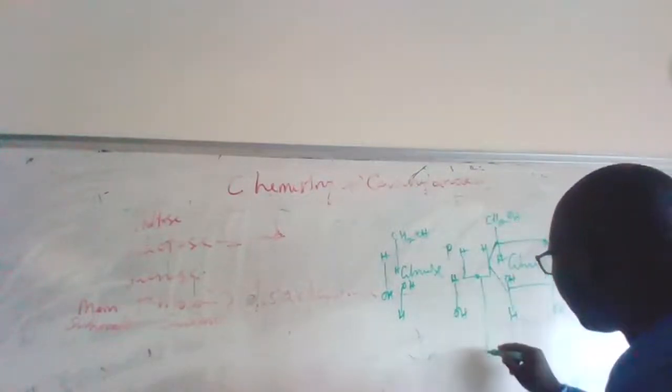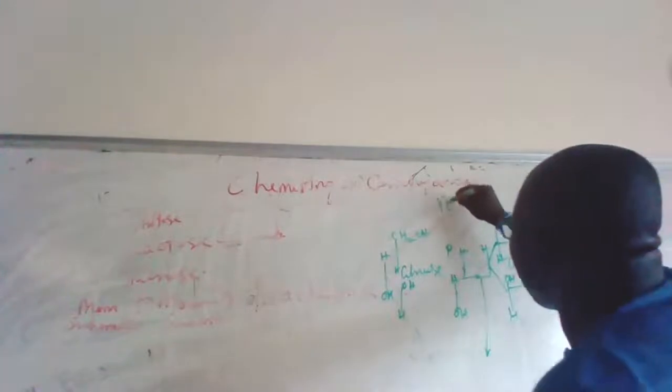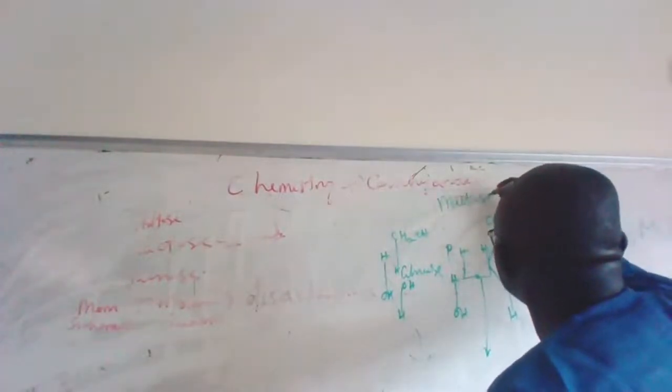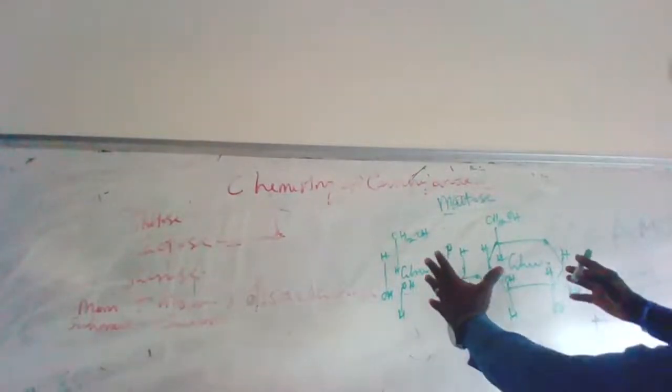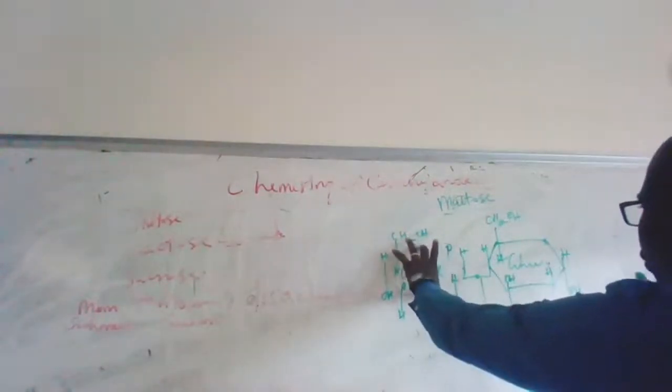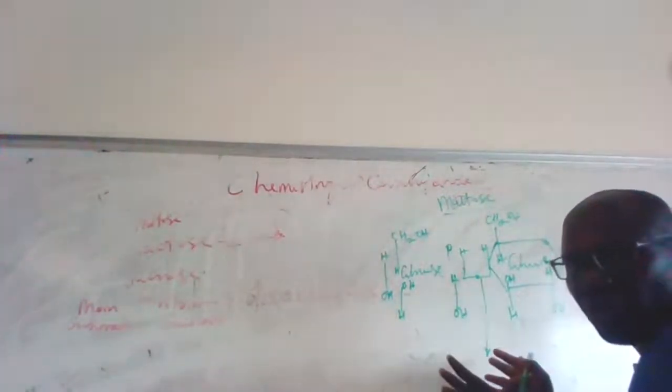So this is a maltose sugar, a disaccharide. The linkage existing between one molecule of glucose and another molecule of glucose is what we refer to as a glycosidic bond.